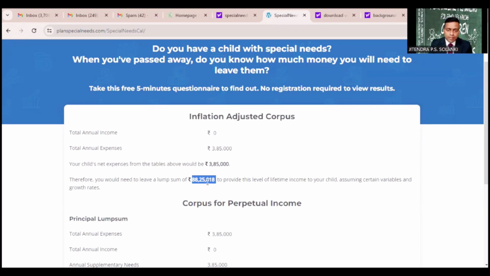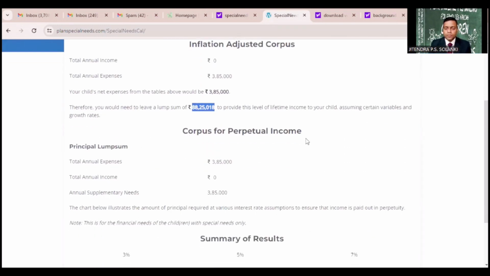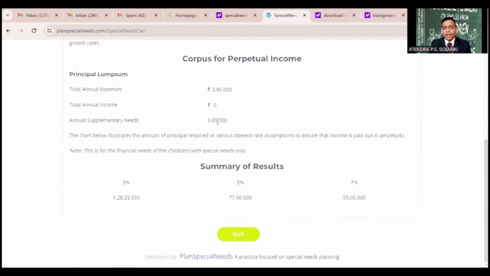But this is the actual amount of money you need to have, which is taking care of inflation also.